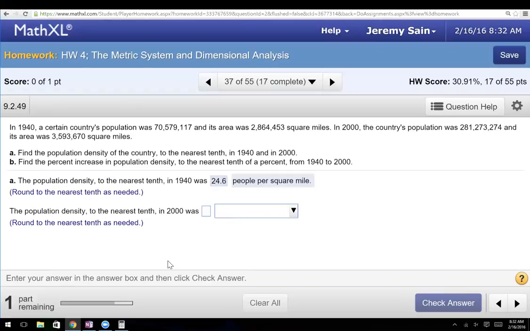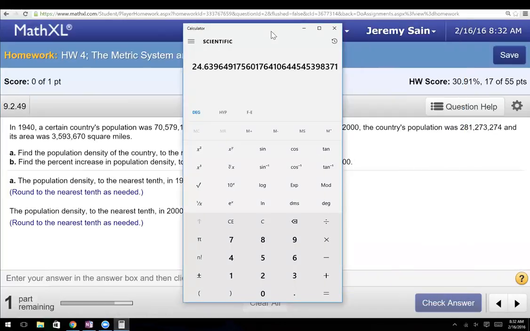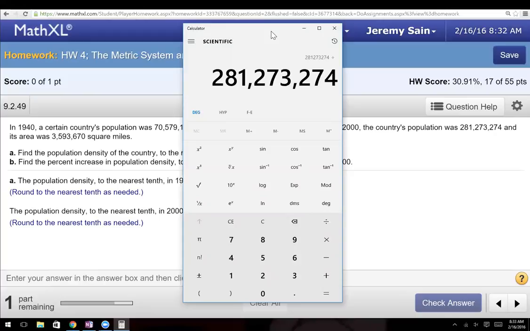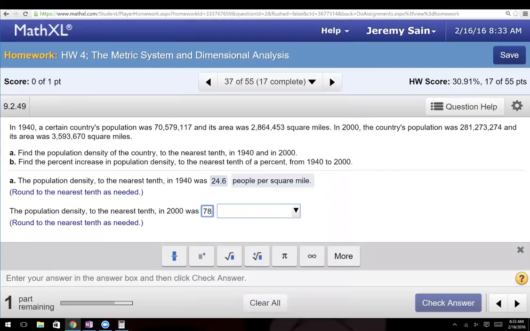In 2000, same thing. So I've got 281,273,274 divided by 3,593,670 is 78.3 per square mile.